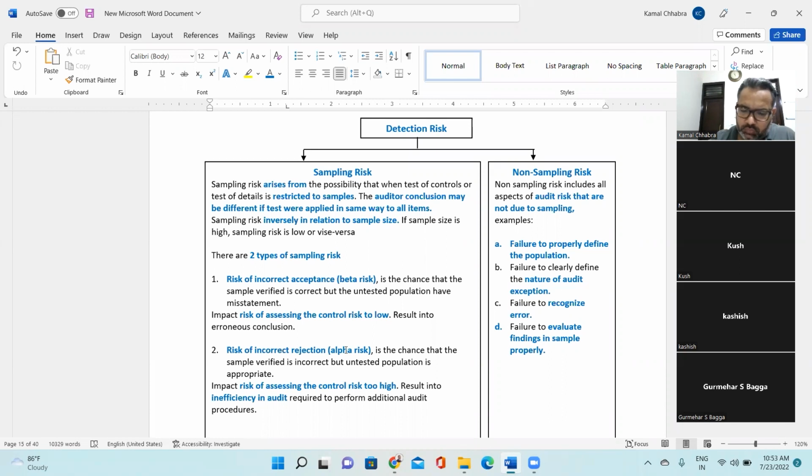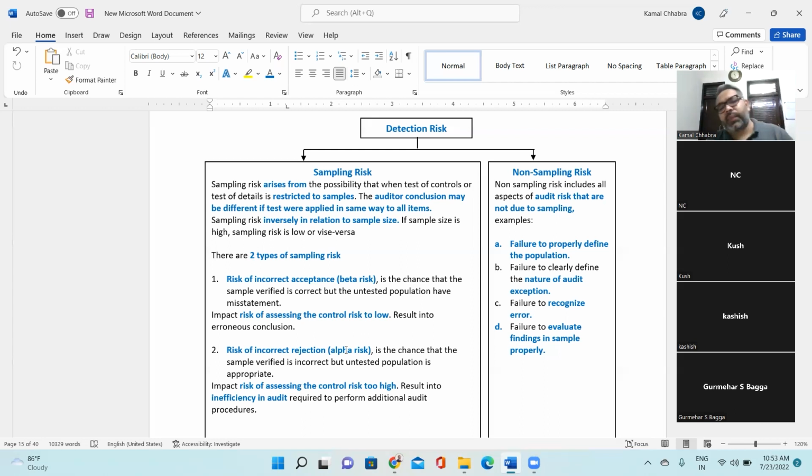So that is detection risk, in a way. Yeah, so we are studying detection risk only. Within that, we are trying to understand when detection risk relates to sampling and when it does not relate to sampling. Okay, thank you.